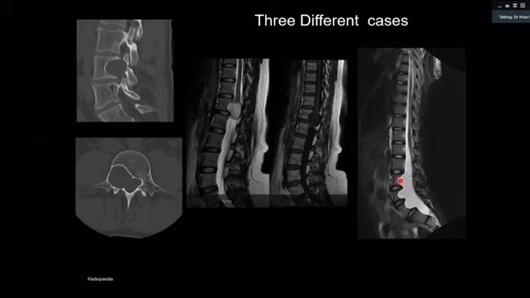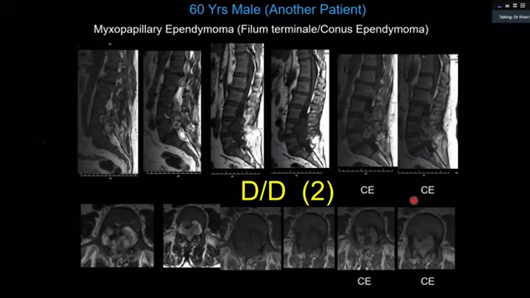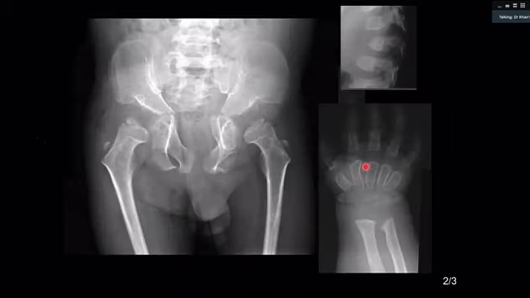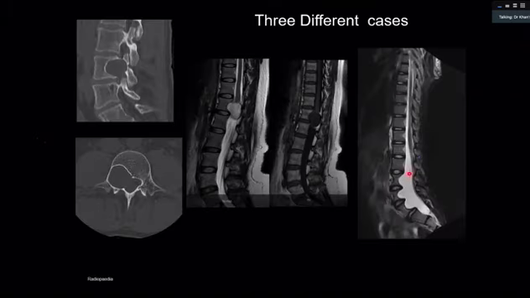You remember that myxopapillary ependymoma, which I showed you, that was giving you the same appearance. It's almost identical. So in your pertinent negative, we use the word pertinent negative in the exam, you have to tell the examiner that there is nothing else. This is just CSF intensity, and this is in keeping with dural ectasia.